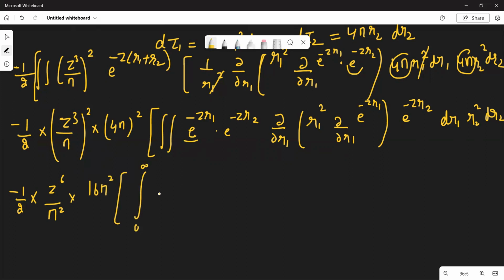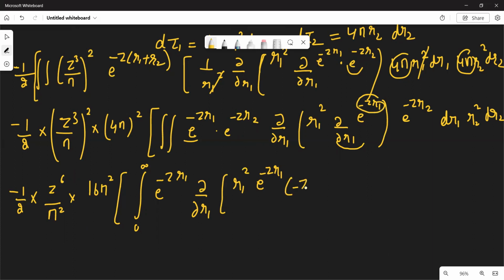I'm writing the terms containing r1 in the first integration: e raised to power minus Z r1, del by del r1, r1 square, and here I am differentiating the exponential with respect to r1. So I will get e raised to power minus Z r1, and differentiation of the power will also give minus Z. Okay, and we'll write dr1.